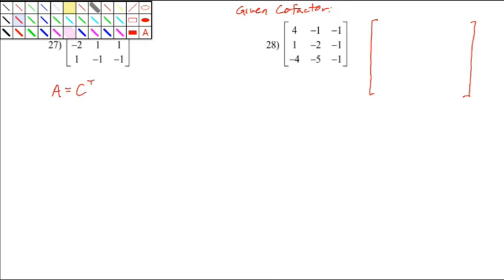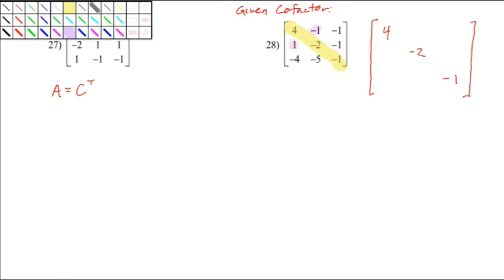So all we're going to do is swap elements in this to find our new matrix. We're going to look at our diagonal, and that is going to be exactly the same in our adjugate matrix. So we'll just fill that in first. 4, -2, -1. And now we're going to swap elements across that diagonal.